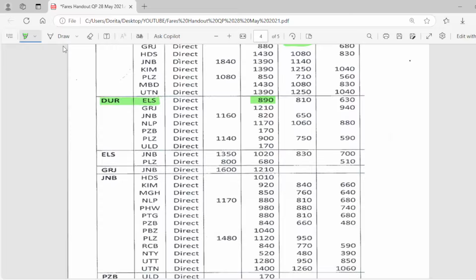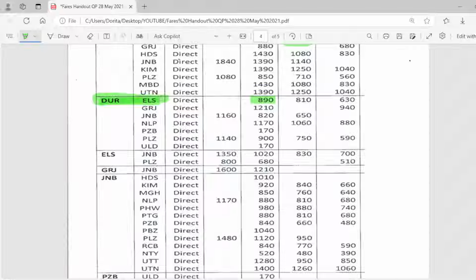From East London to Durban, remember when I explained this in the previous video, I said to you that with fares, we can use the routes vice versa. Because here you'll see we only find Durban to East London. We don't find a flight or a route that says that it's from East London to Durban. But we can use the same one. We use it vice versa.